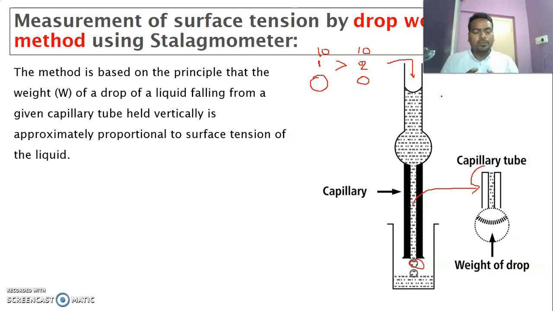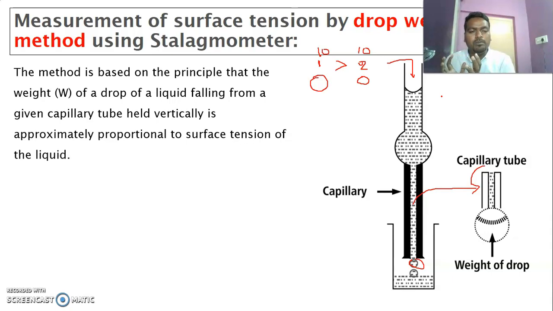So if surface tension varies, the size of the liquid drops varies. This is the principle. If the size varies, obviously the mass varies. So we can say that if the surface tension varies, the weight of the liquid drops varies. You understood? If surface tension is more, it forms large size drops, and large size means its mass must be higher.